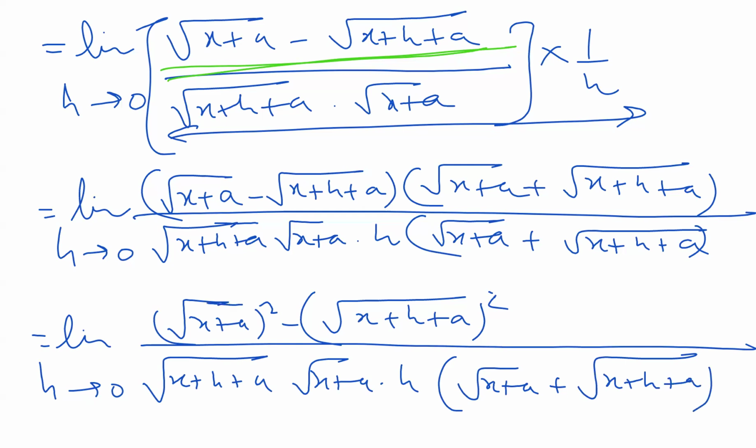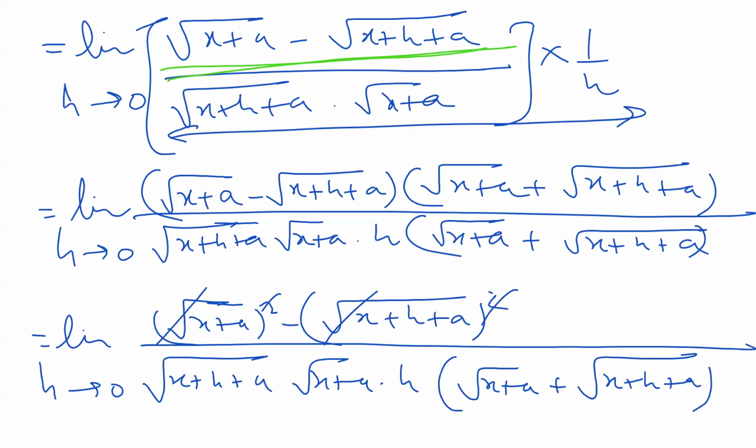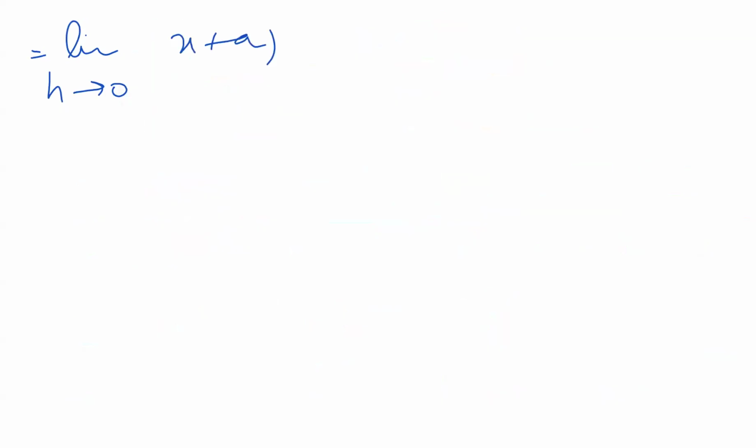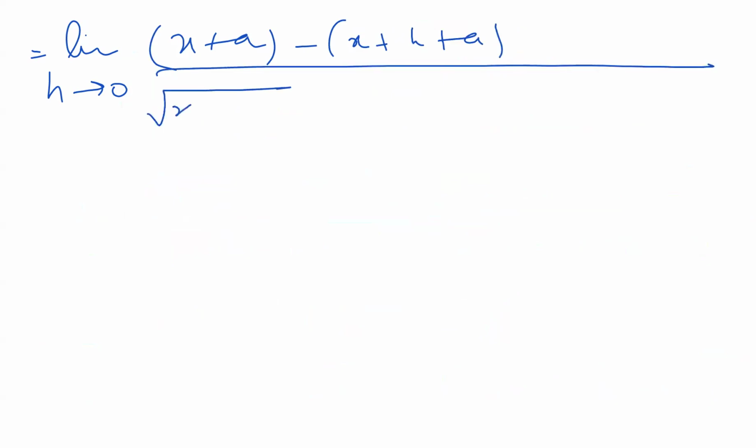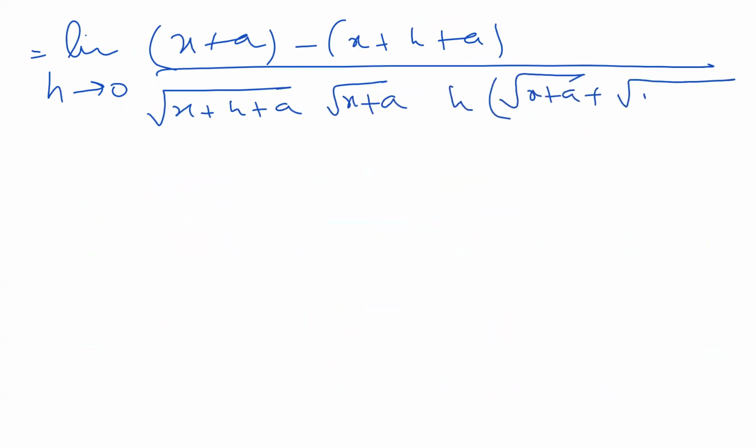Okay. Now cancel out the root and square. So limit h approaching 0, x plus a minus x plus h plus a upon root of x plus h plus a, root of x plus a, h, and these two terms with a plus sign in between.